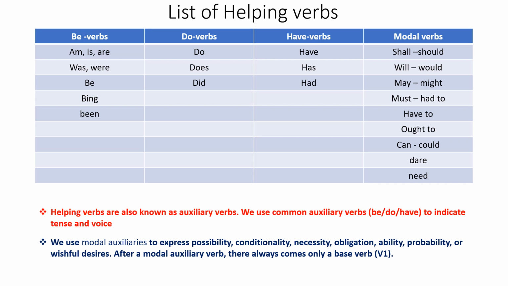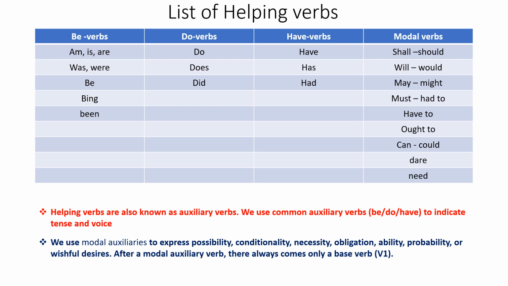But these 3, be's, do's and have's, not only function like helping verbs, but they also appear as main verbs and function like main verbs. And all these helping verbs are also known as auxiliary verbs. So the first 3 groups are common auxiliary verbs, and these common auxiliary verbs indicate tense and voice of the sentences they are in.